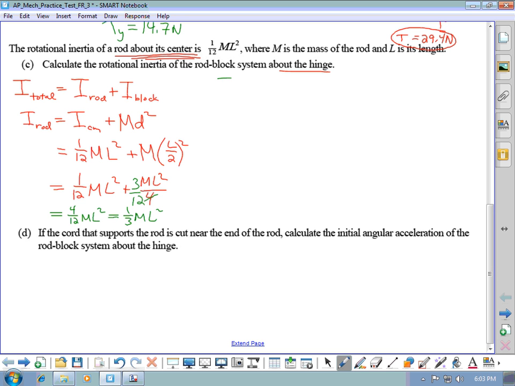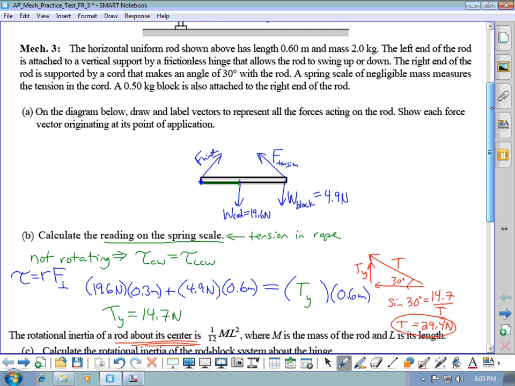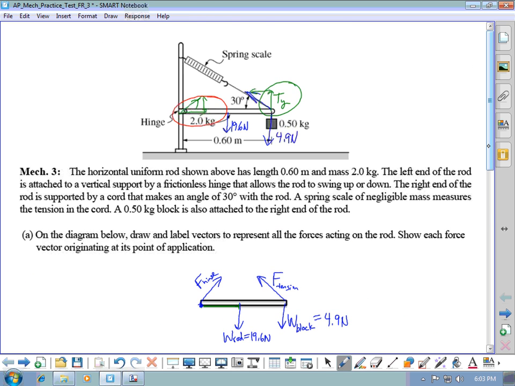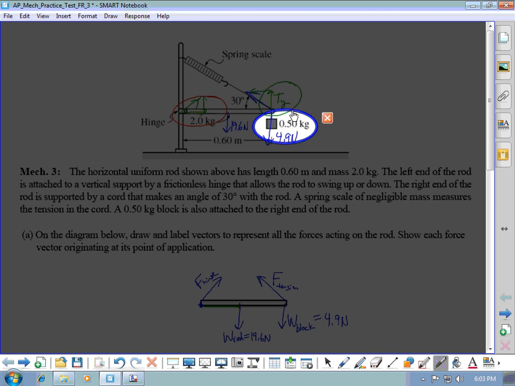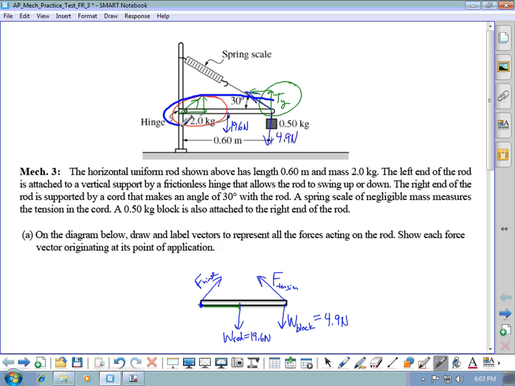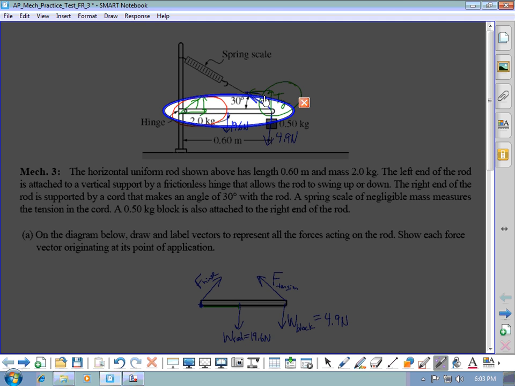The rotational inertia of the block is just a point. So the block just has all of its mass at the end of the rod. So it's going to be m times the length of the rod squared.